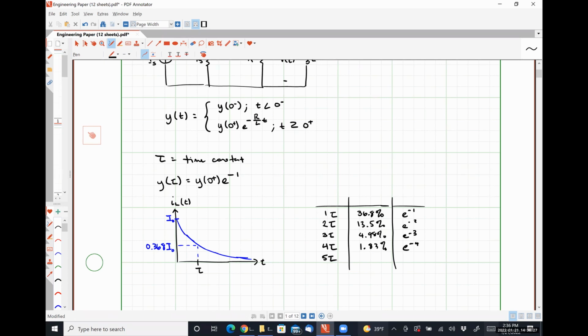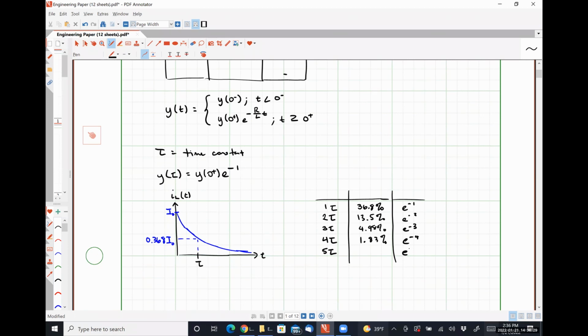And finally, in 5 time constants, our signal has decayed down to 0.67%. Okay.